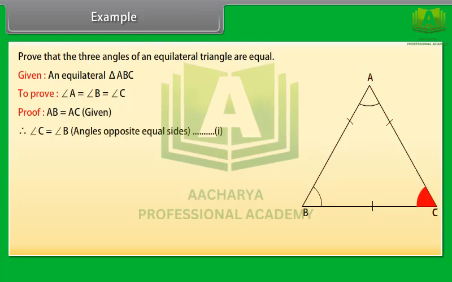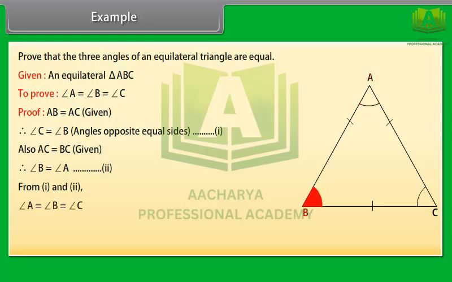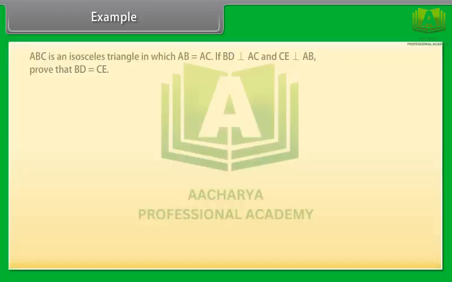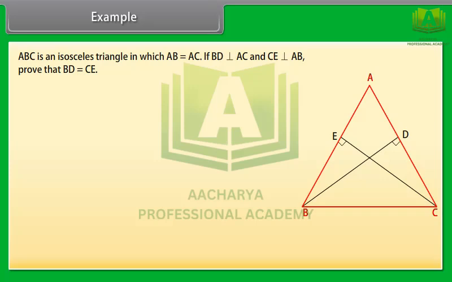Therefore, angle C is equal to angle B because angles opposite equal sides are equal. Mark it as 1. Also, AC is equal to BC is given. Therefore, angle B is equal to angle A. Mark it as 2. From 1 and 2, angle A is equal to angle B, which is equal to angle C. Hence, the result.